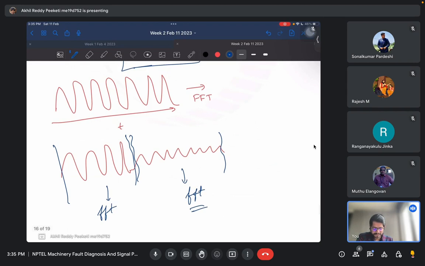When you do full FFT, if you have some different frequencies, you might not be able to see them very clearly. In those cases, STFT is better.